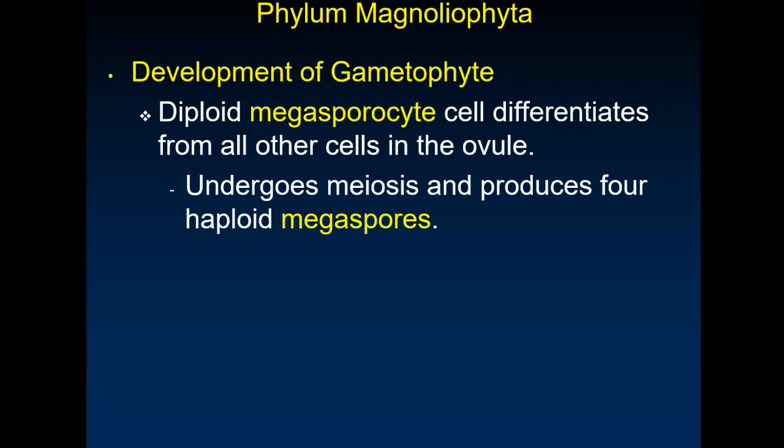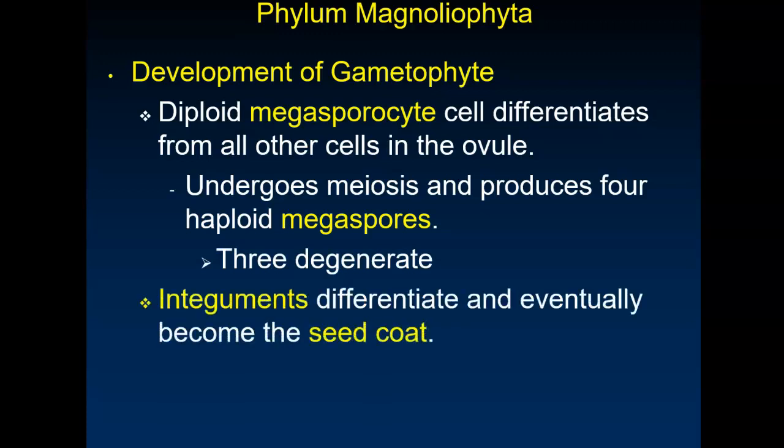It's random, and one of those cells then will undergo meiosis, and it produces 4 haploid megaspores. 3 of those are going to degenerate, and then one of those will go on through the process to become the gametophyte. At this time, the integuments will differentiate, and they eventually become the seed coat, just like when we had the gymnosperms.